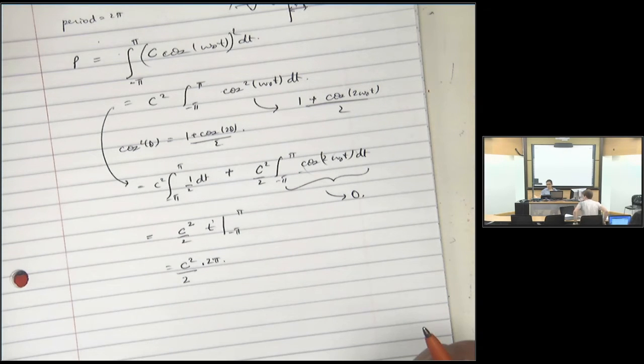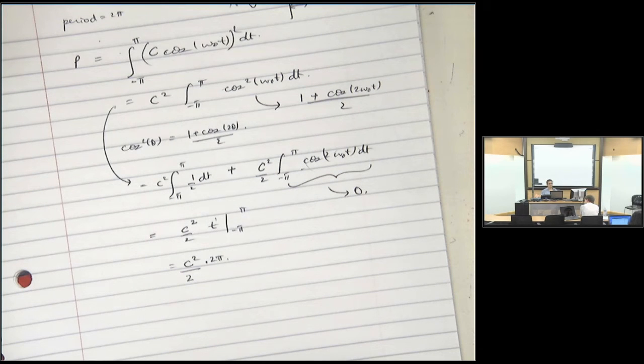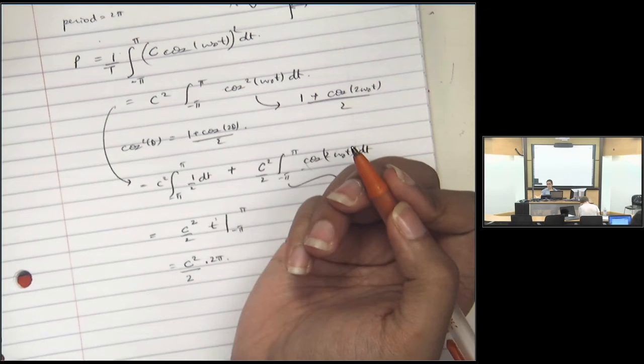Okay. Now there is a term that I have left over here. Anyone knows which term I have left in my power formula? 1 over T. Correct. So 1 over T. Okay? Don't forget that.